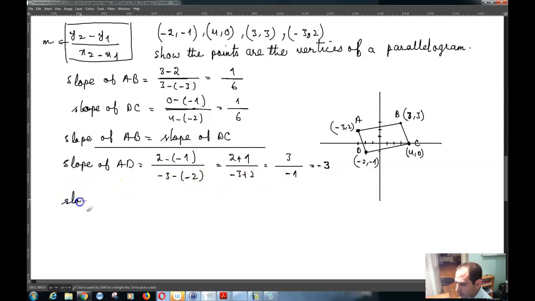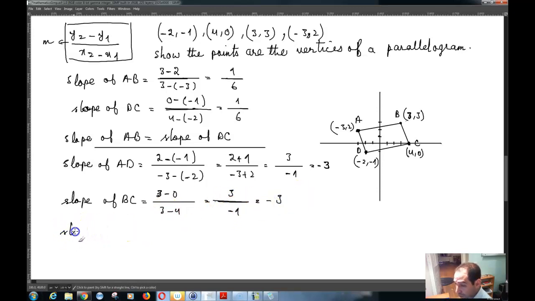Now the slope of BC is equal to 3 minus 0 over 3 minus 4, which is equal to 3 over negative 1, which is equal to negative 3.